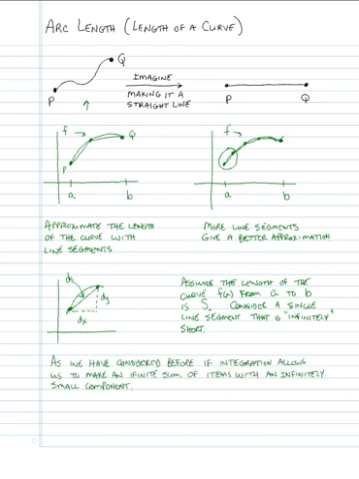As I was saying, I've written it out here, as we have considered before, integration allows us to make an infinite sum of items with an infinitely small component. So here's what I mean. We've got this infinite number of these infinitely small line segments.